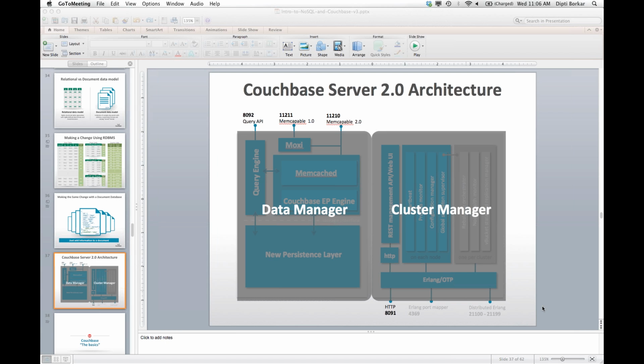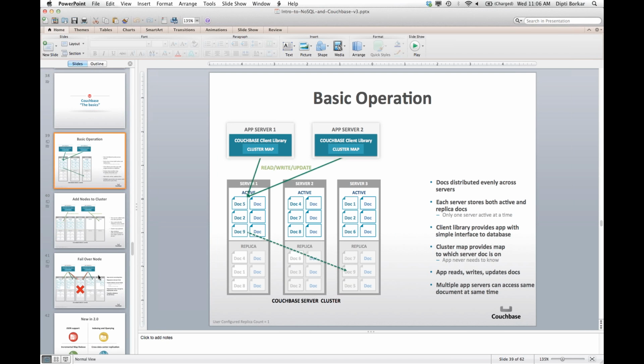Couchbase has a 20 MB limit on a document, and so that's essentially the limit for storing large files within Couchbase.